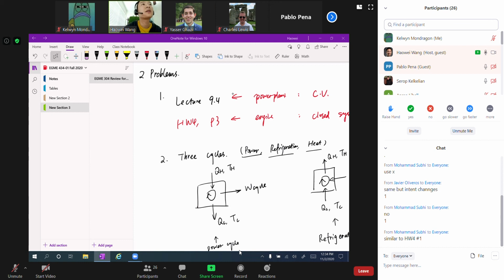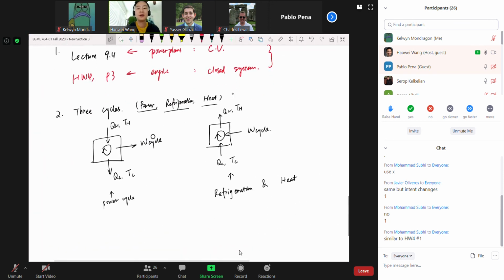There's 3 cycles. Lecture 8.2 is power cycle. Lecture 8.3 is refrigeration. Lecture 8.4 is heat pump. Yes. So for the 3 cycles, you need to refer to lecture 8.1 to 8.4.